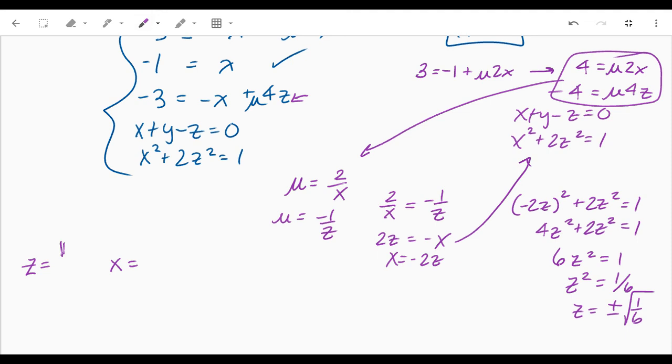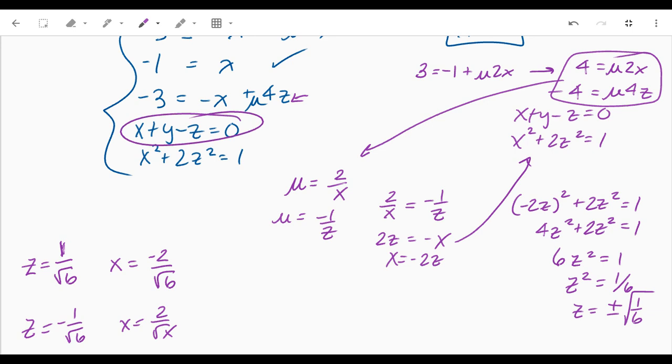If z is 1 over the square root of 6, x is negative 2 times z, so negative 2 over the square root of 6. And if z is negative 1 over the square root of 6, then x is positive 2 over the square root of 6. Okay, and then we can use this equation to get what z would be. Z is x plus y. So, I'm sorry, we've got to get what y is.